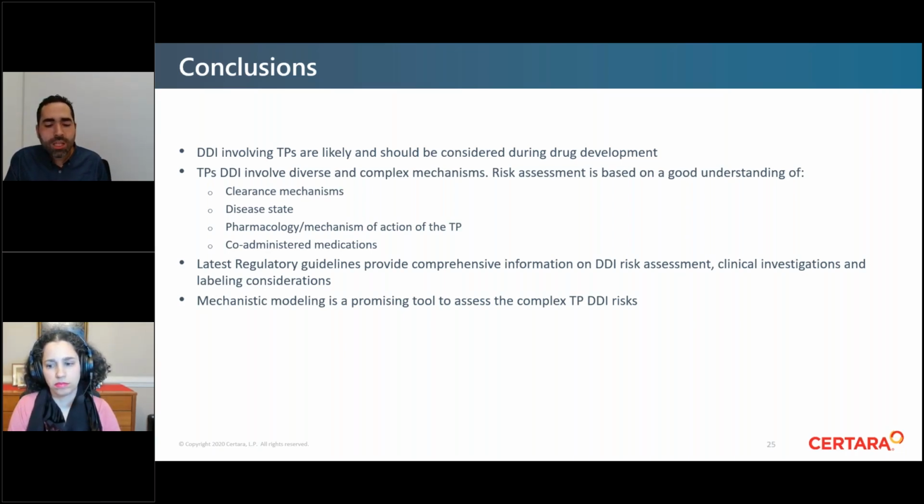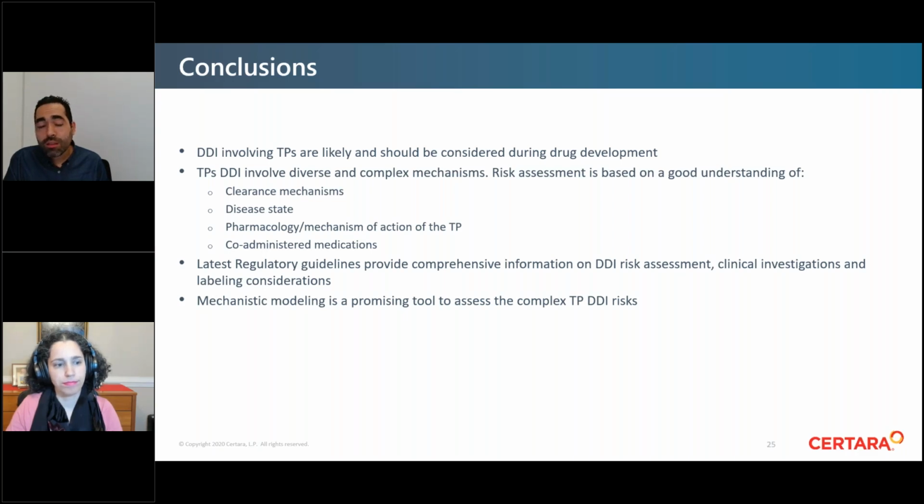But I think the regulatory agencies are aware of that. This is for oncology, so this is quite a specific area where DDI studies are not always feasible. Conducting those studies in healthy volunteers is probably not an option. So for this reason, I was saying that PBPK modeling is a very interesting alternative to conduct a DDI study.